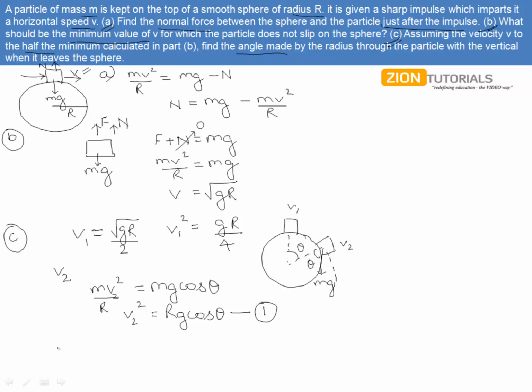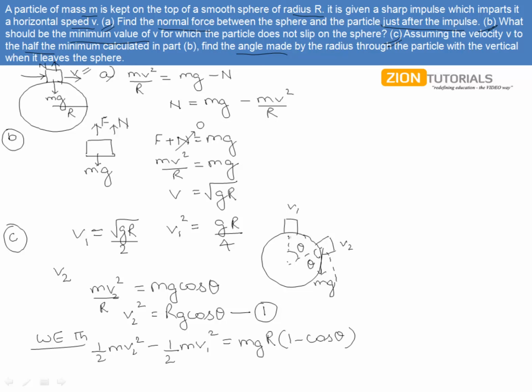Now we can also apply the work energy theorem, for which we can write half m v2 square minus half m v1 square equal to the work done by gravitational force, which is mgr into 1 minus cos theta.